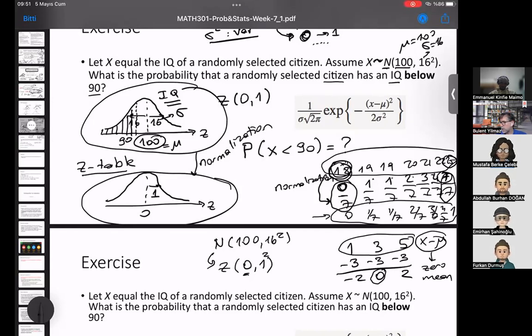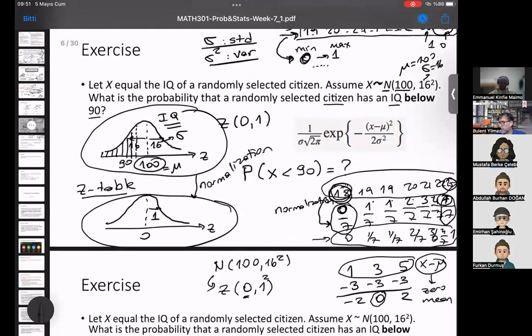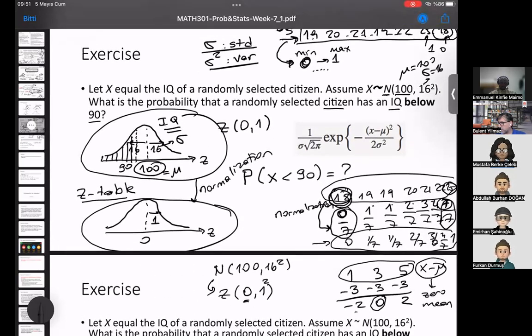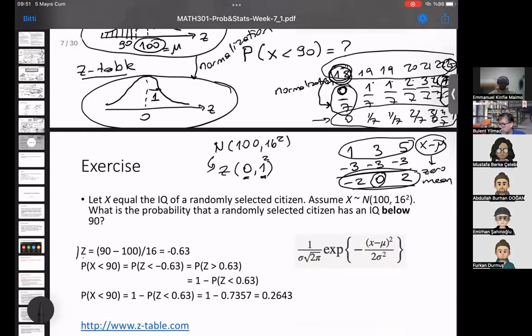Okay. So then if I divide everything by the standard deviation, you're going to change this into a 1 standard deviation distribution. Here is how we do it.